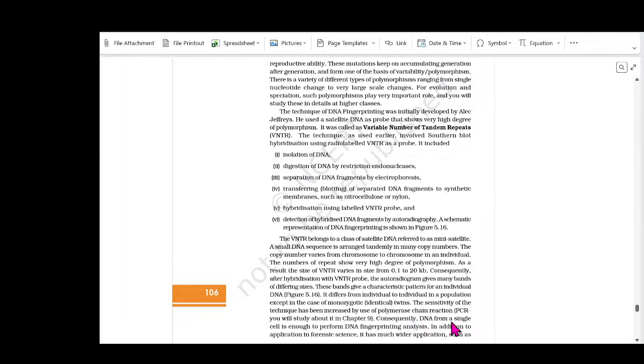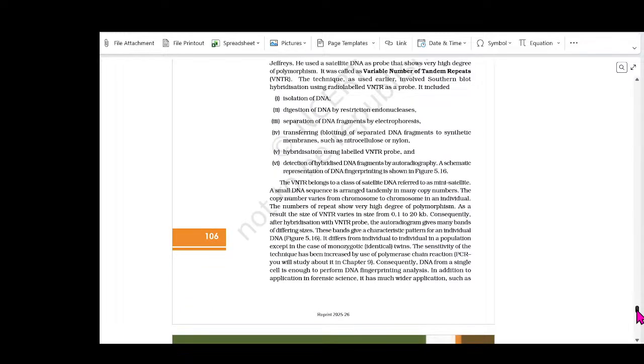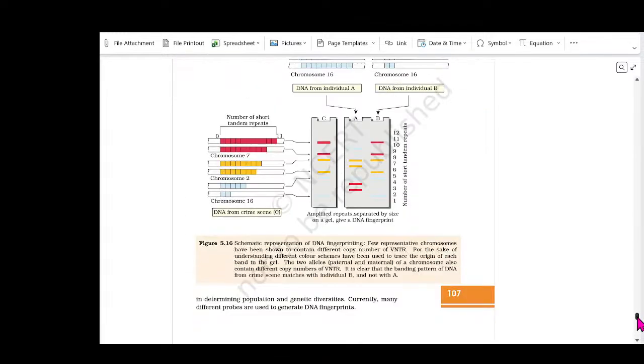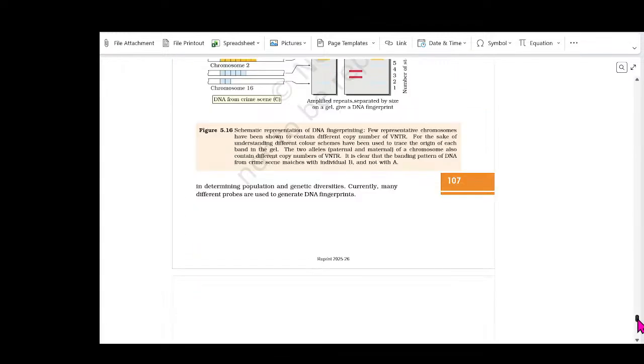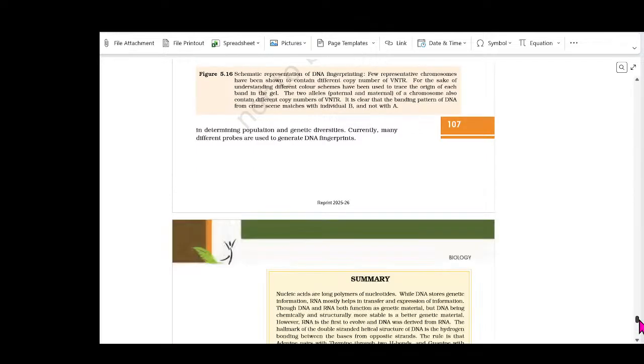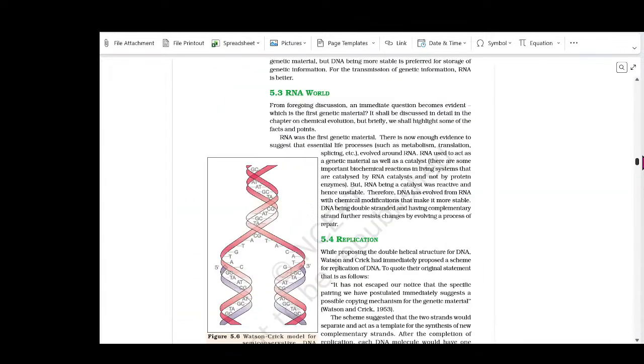Consequently, DNA from a single cell is enough to perform DNA fingerprinting analysis. In addition to application in forensic science, it has much wider applications such as in determining population and genetic diversities. Currently, many different probes are used to generate the DNA fingerprints.